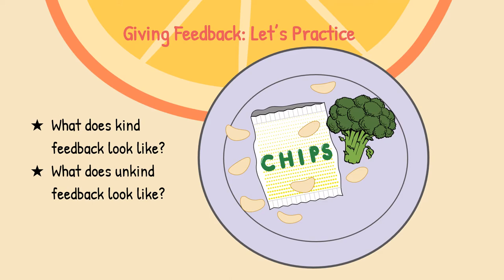And so it's important to let them practice what really good feedback looks like. So I would use this slide to just have them practice and maybe to model a little bit of either kind or unkind feedback, just to kind of role play and let them see what that looks like.